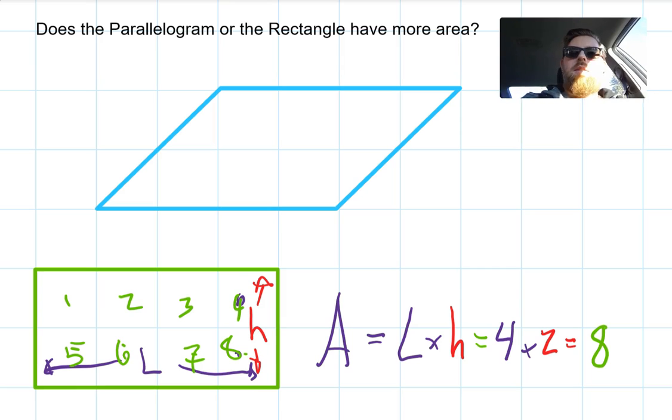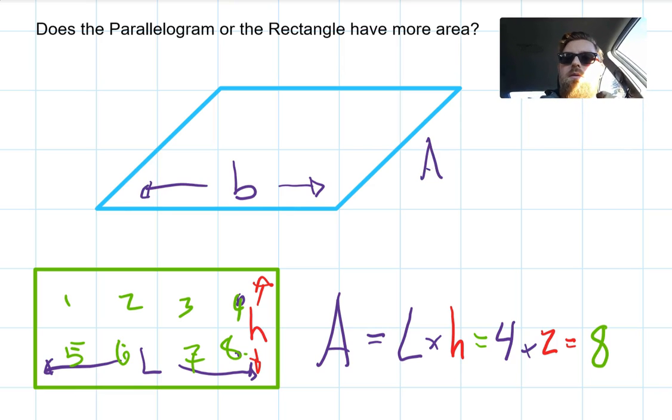Now, when you're going to calculate the area of a parallelogram, it is very similar. So the first thing we're doing with a parallelogram is we're actually going to measure the base. And you need to also measure the height.